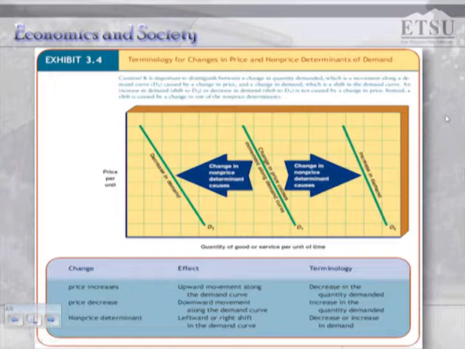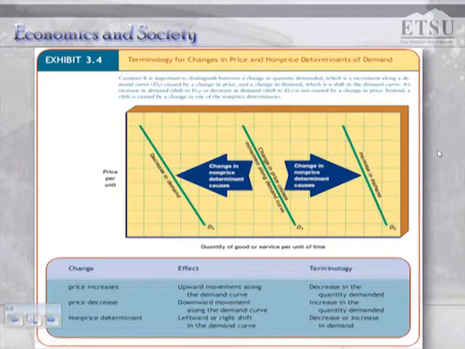A change in one of those non-price determinants that decreases demand will cause a parallel shift of the demand curve from something like D1 to something like D3. Right? So we see that those things on the list that we showed before will cause a shift in the demand curve that are graphically represented with this picture here.